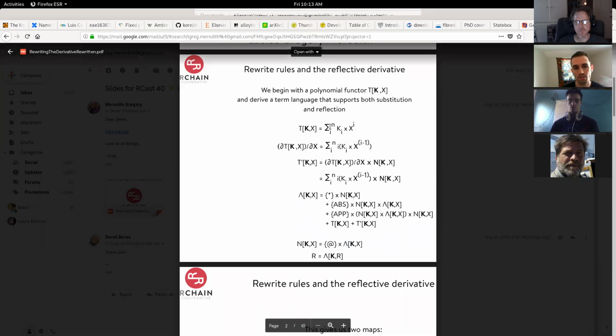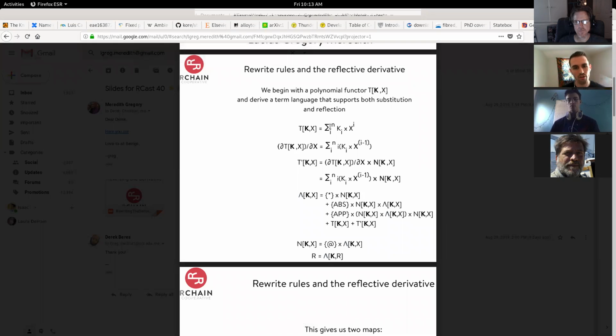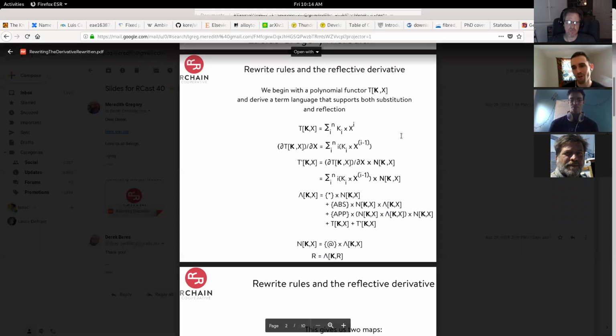So you can translate from one to the other. And this is just a really seductive way of writing it because it looks really familiar, but we're really talking about coproducts. Okay, yeah, it resembles a polynomial, sure, but what does it even mean to take a derivative when we're talking about some polynomial functor?